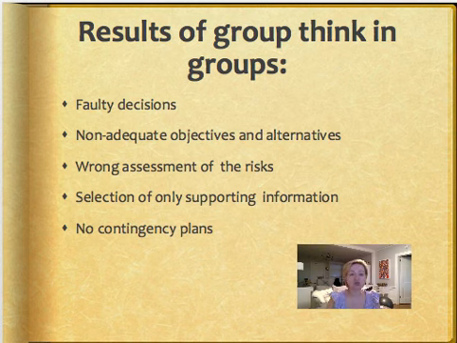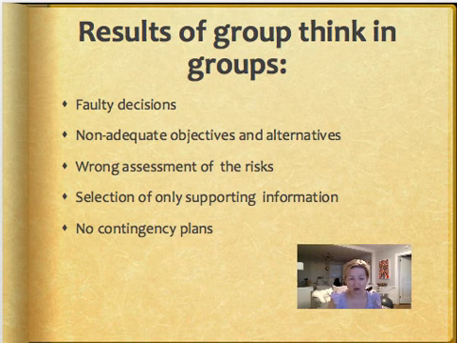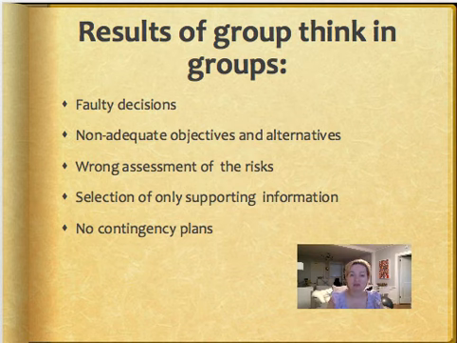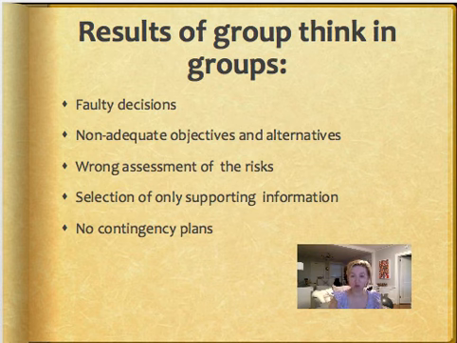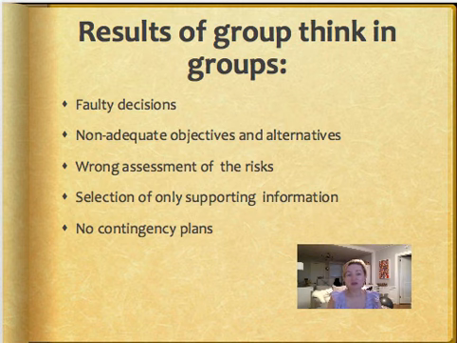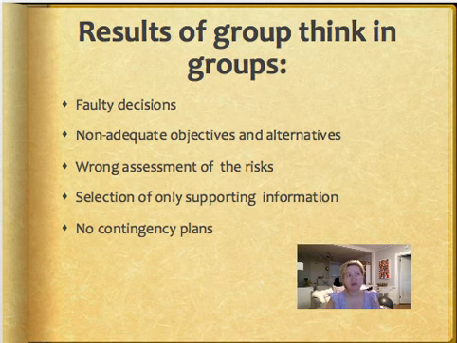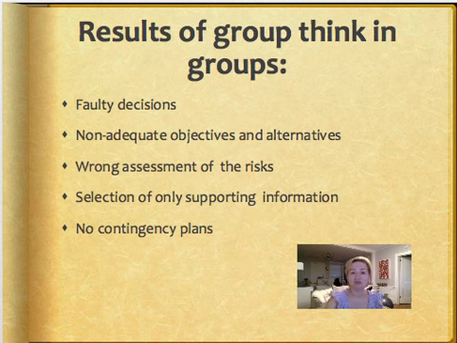So the group usually does not seek expert advice, and they don't listen. They only select and use information that supports their position and conclusions. Finally, a group doesn't make contingency plans in case their decision and resulting actions fail. So usually the results of groupthink are faulty decisions and negative consequences.